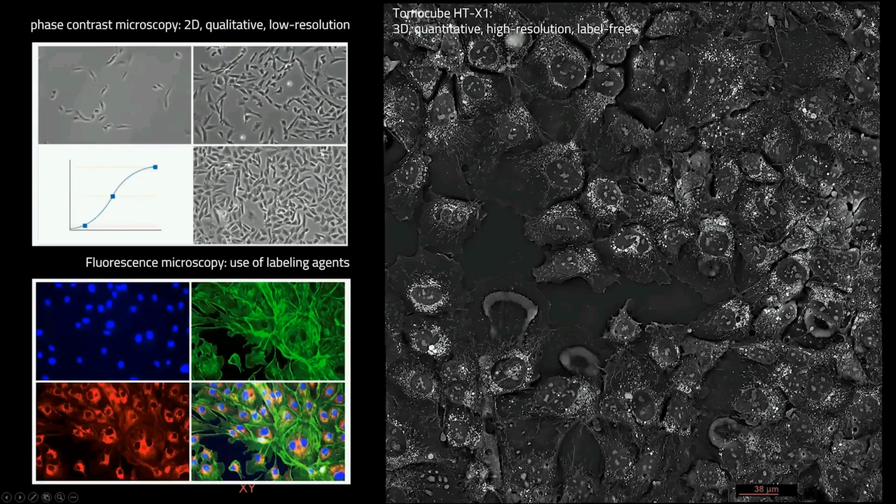Whereas if you compare conventional label-free techniques such as phase contrast or DIC, even though they do not require labeling, the resolution is sometimes very limited, and it only provides 2D and qualitative information, so they are widely used for cell counting, but not for studying the detailed structures of the live cell.